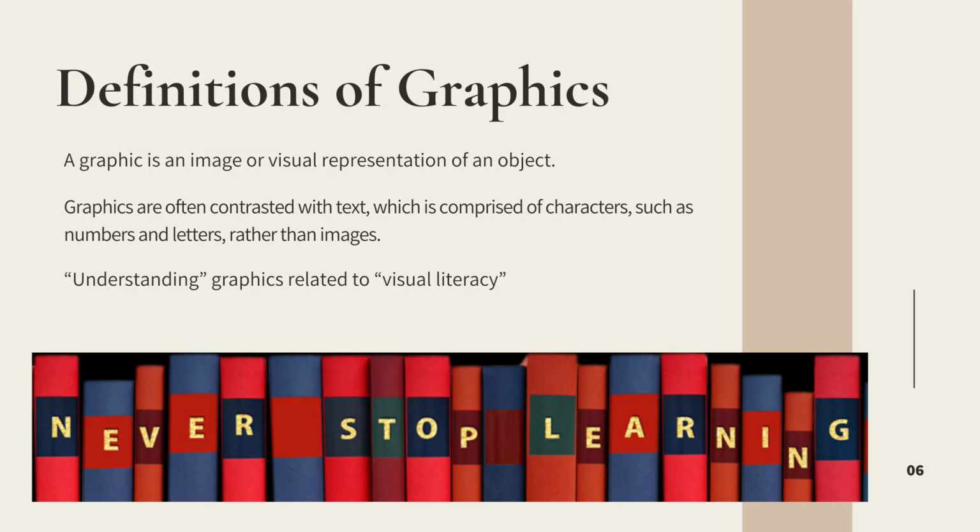Graphics are often contrasted with text, which is comprised of characters such as numbers and letters, rather than images. So the real importance of graphics is to represent an object and make it clear and easy to see for the student inside our classroom.